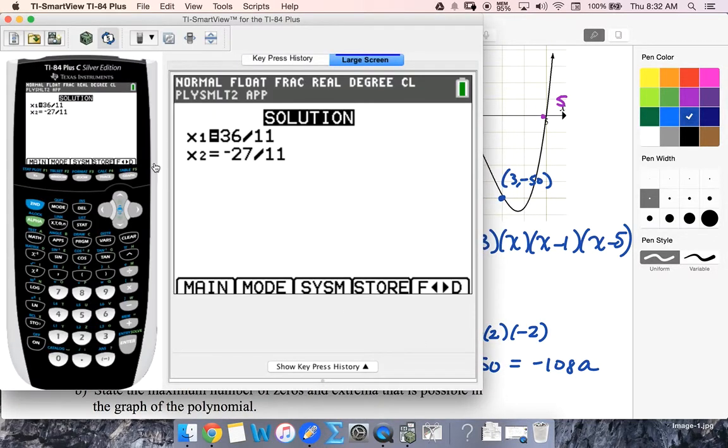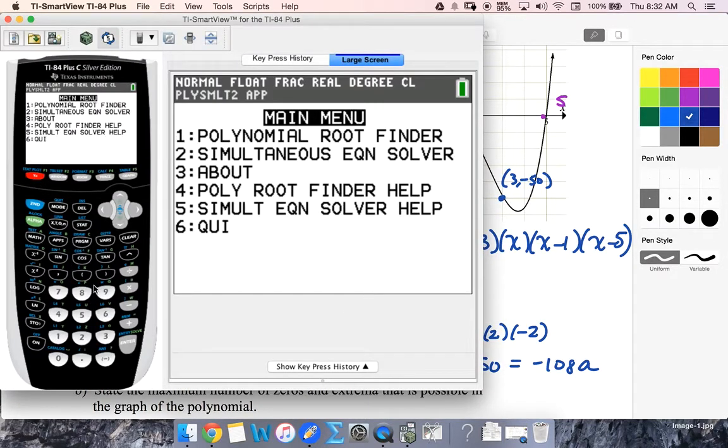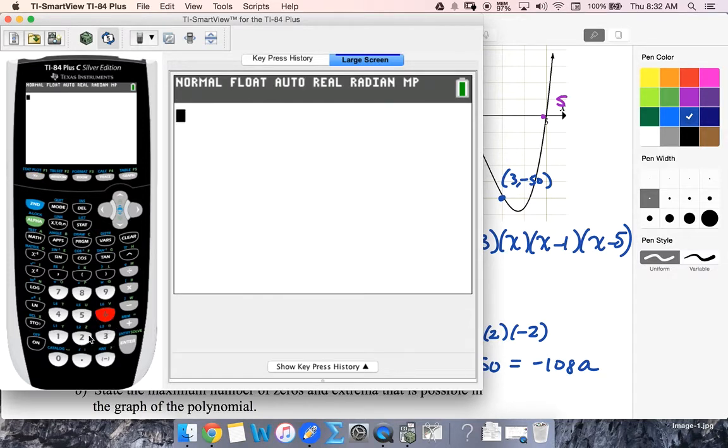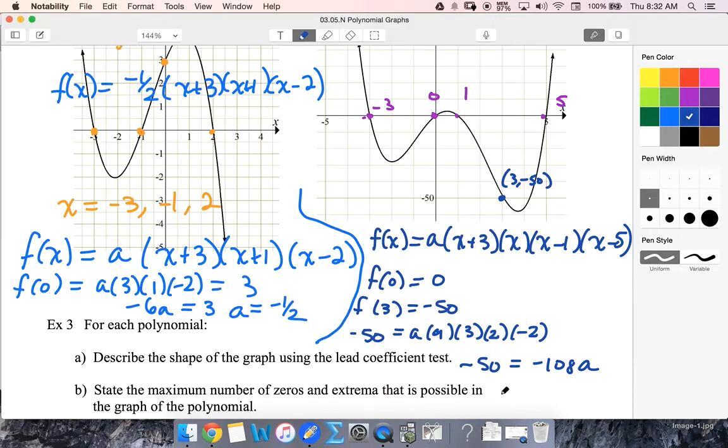If it's true, we're going to end up with, let's get out of our polysimult. So we had 9 times 3 times -4. Oh, good. All right. So that means our a value is 50 over 108, 25 over 54.